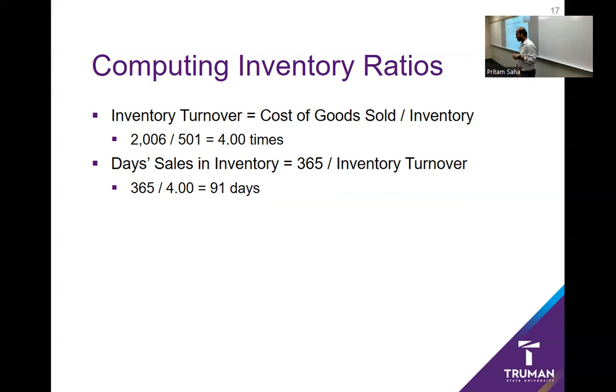Why do you hold inventory? To make sure sales are smooth. Cost of goods sold tells us how much we incurred to generate sales each year. So this ratio is telling you, each year, to generate certain revenue smoothly, how much inventory you're holding.